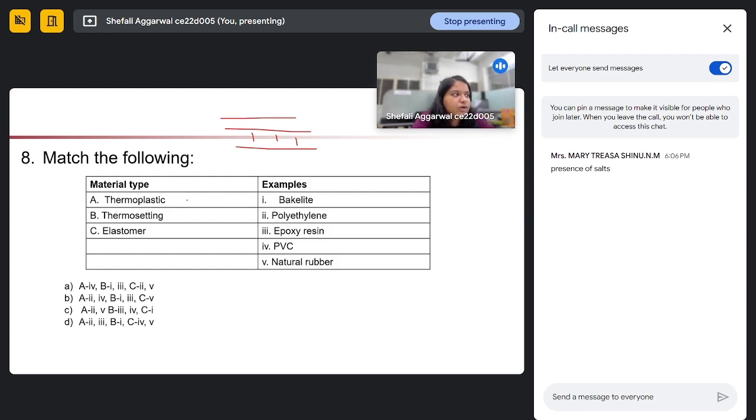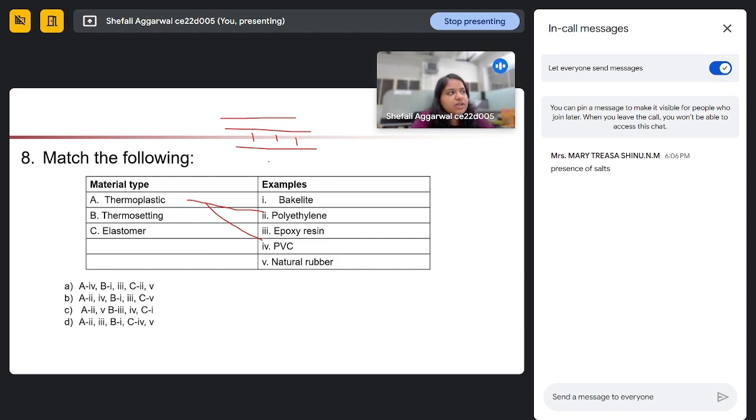So we all call polythene a plastic, right? So thermoplastic, one example is polyethylene. The next example is PVC, which we usually use for pipes and all. That is also what we call plastic material.